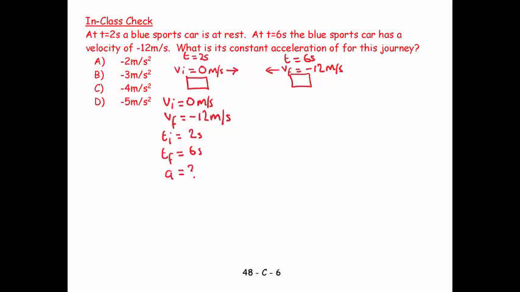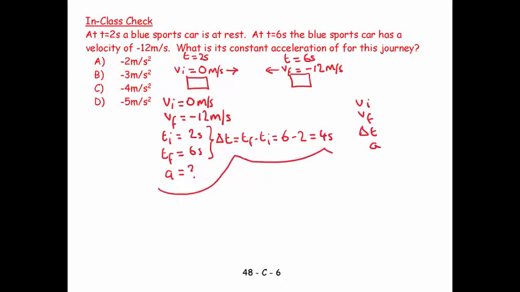Now notice t initial and t final. Time interval or duration equals t final minus t initial, which in this case equals 6 minus 2, which equals 4 seconds. So what I've got is a Vi, a Vf, a delta t, and I want an A. And that jogs your memory so that I can say, oh, I know what to do.